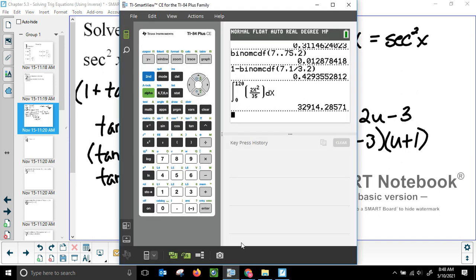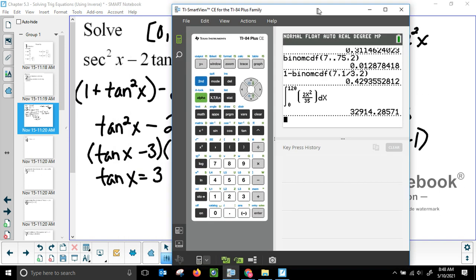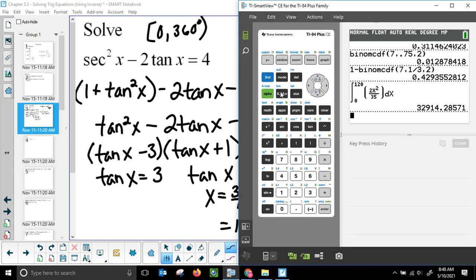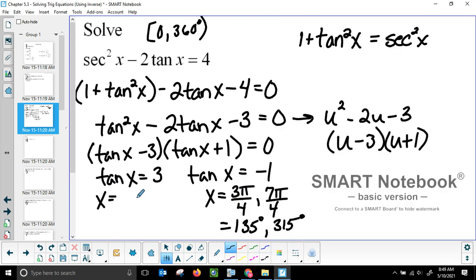So I'm going to come up here to my trusty handy-dandy calculator. Remember to solve for x here, how do we break apart a tangent and an x? Inverse. If I take the inverse tangent of both sides, x equals inverse tangent of 3.